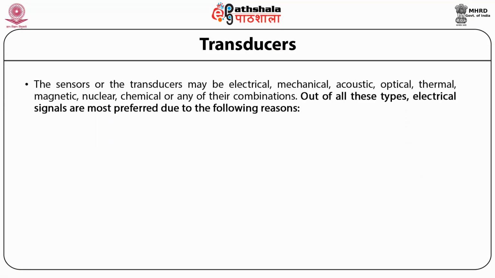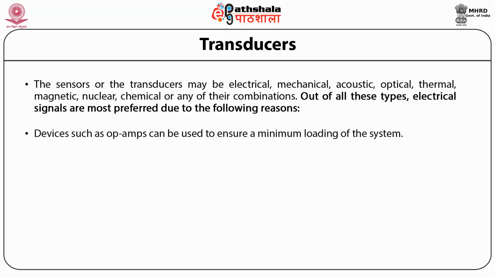The sensors or the transducers may be electrical, mechanical, acoustic, optical, thermal, magnetic, nuclear, chemical, or any of their combinations. Out of these types, electrical signals are most preferred for the following reasons. First, devices such as op-amps can be used to ensure a minimum loading of the system.